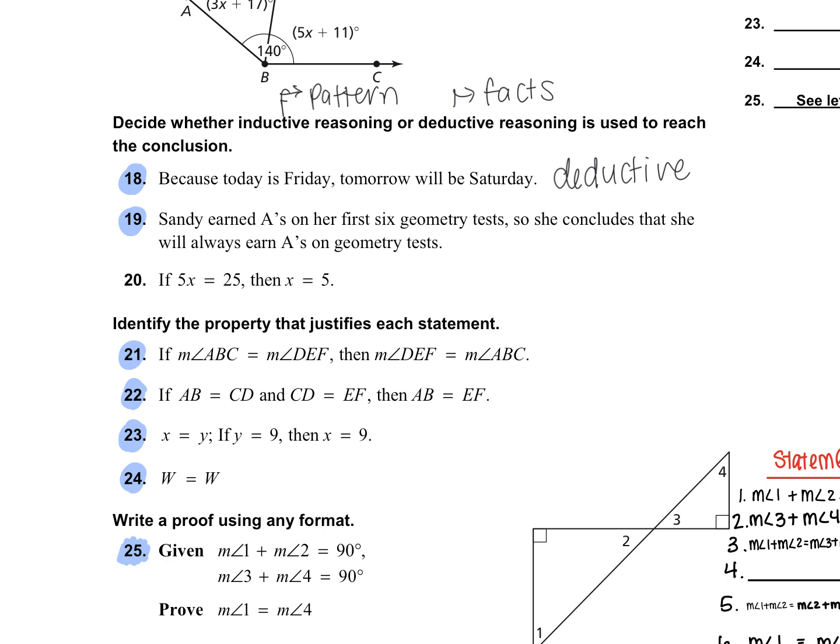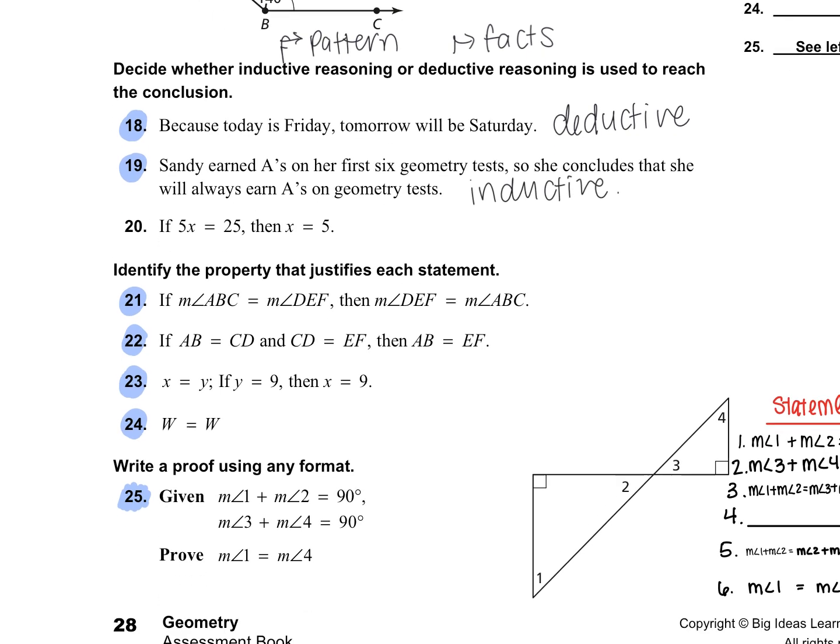Sandy earns A's on her first 6 geometry tests, so she concludes that she will earn A's on the geometry test. Fact or pattern? This is a pattern. She's continuing to earn A's. So this one is inductive. All right, 21.